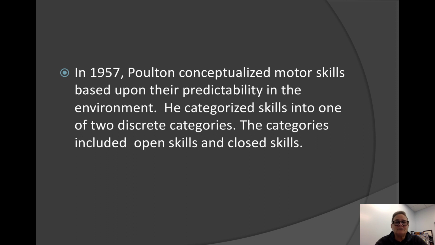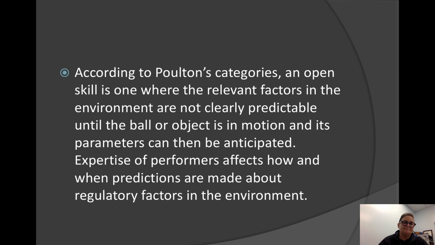When I say discrete categories, I mean that something fits into one category or the other category, but there is no overlap between the categories. In other words, they are discrete from one another. These categories were referred to as open and closed skills by Poulton.